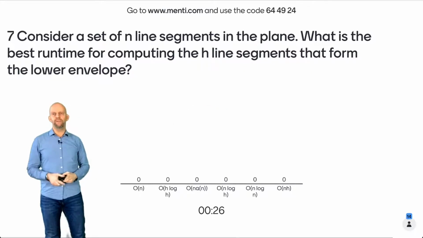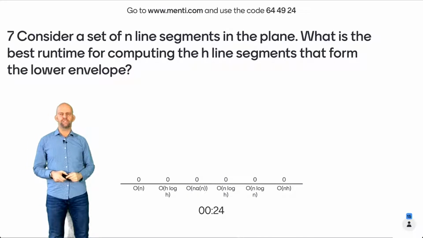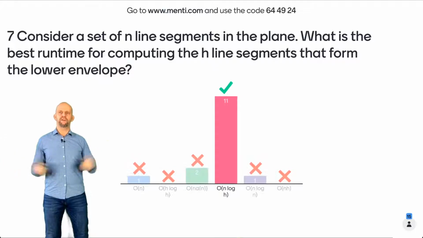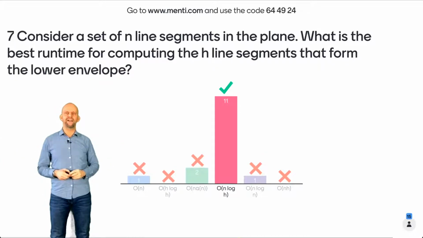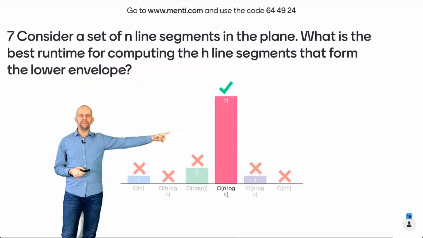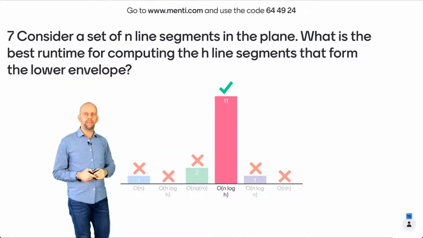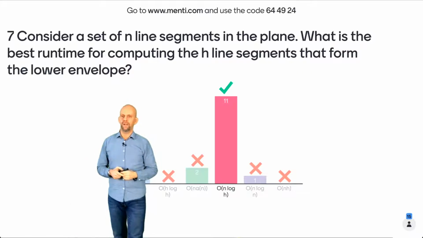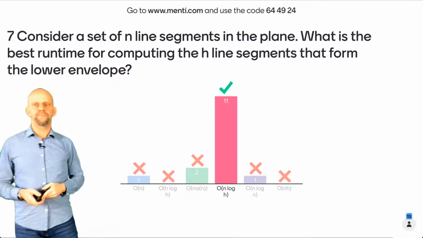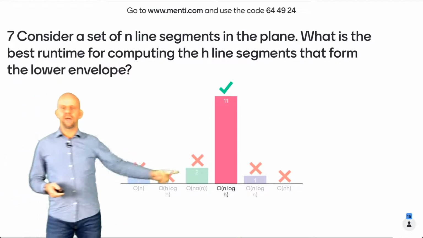That is arguably the trickiest of the questions, and of course that did require a bit of correct guessing. Yeah, you did guess right. The answer is O of n log h. And you can ask, how did you find this?